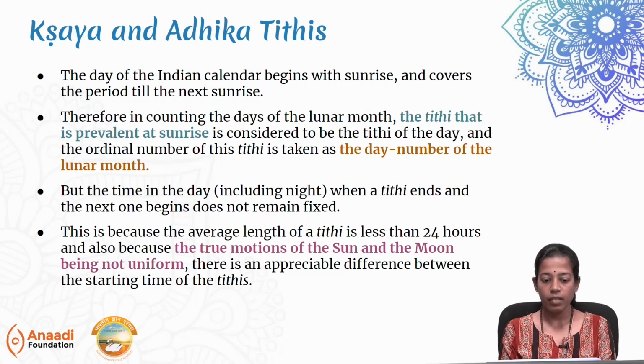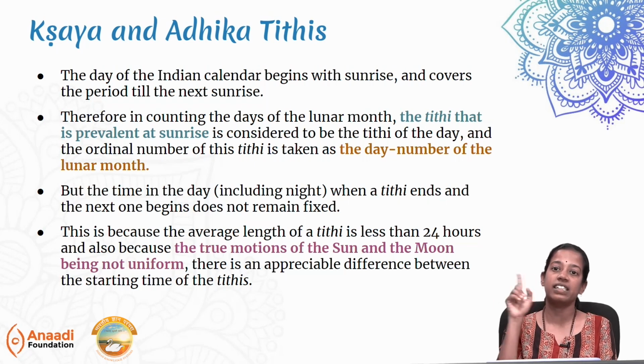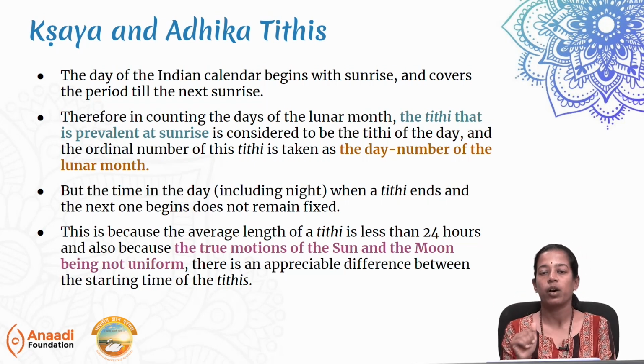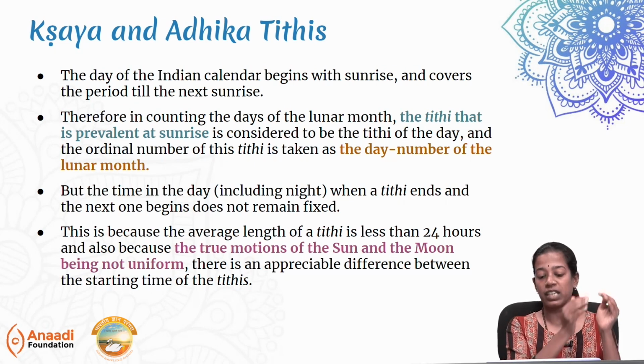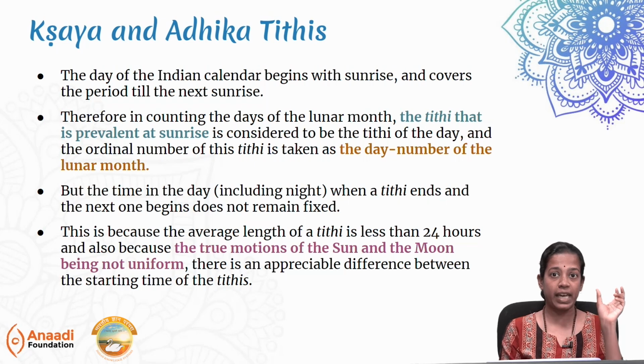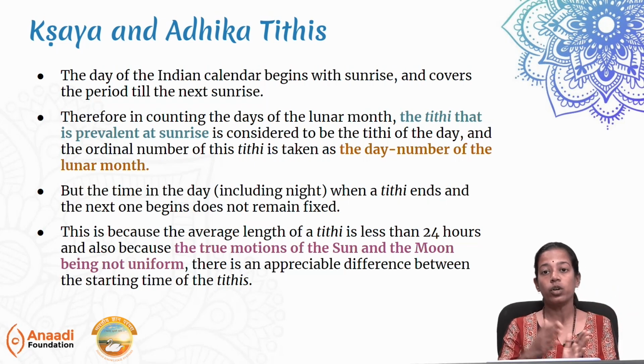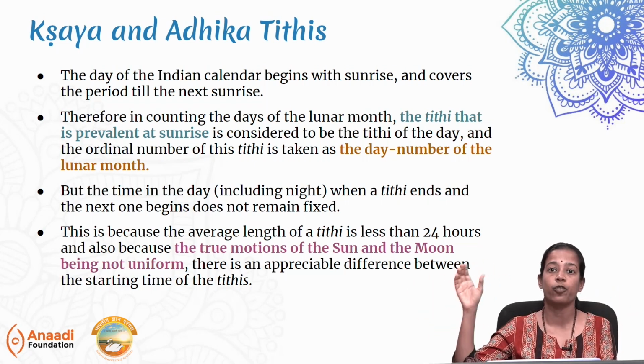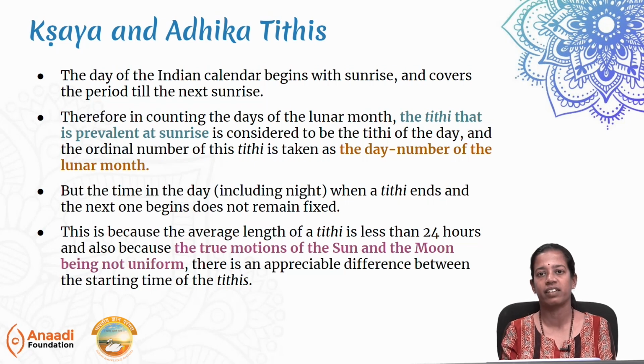But the time in a day, which also includes the night, because sunrise to sunrise also includes the night, when the Tithi ends and the next Tithi starts, they are not the same. Why? We clearly saw a Tithi can span as small as roughly 20 hours, which is exactly 19 hours 59 minutes, to as large as 26 hours 47 minutes, which is roughly 27 hours.